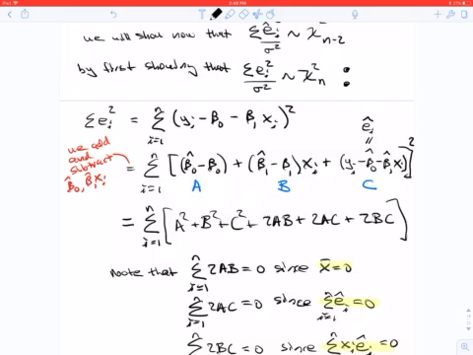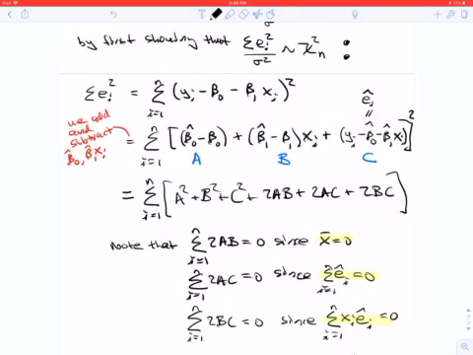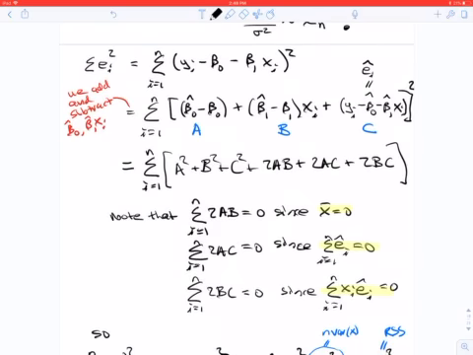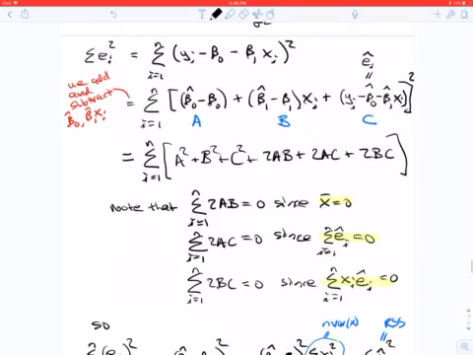So to do this, let's just take a look at the sum of squares of the errors, and we do some trick here where we add and subtract beta 0 hat and beta 1 hat x i, and we group it and we square.